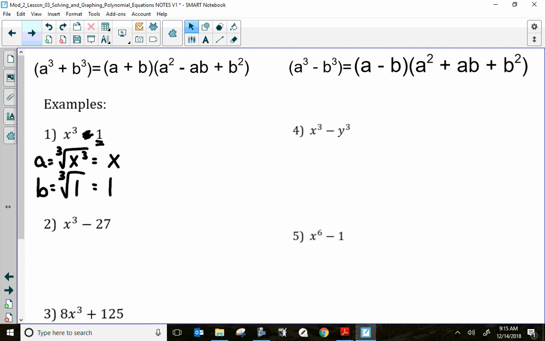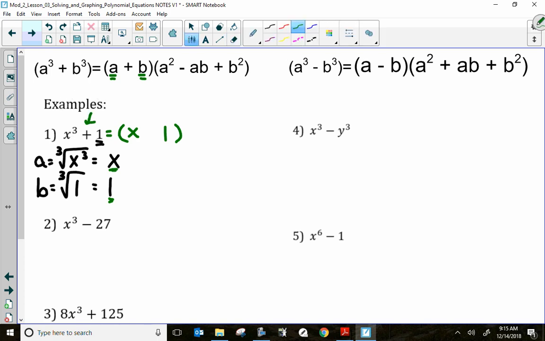So, let's fill in. It's always A and B. My A is x, my B is 1. The sign should be the same, right? So it's a plus. Okay. Then I take A and I square it. X squared.